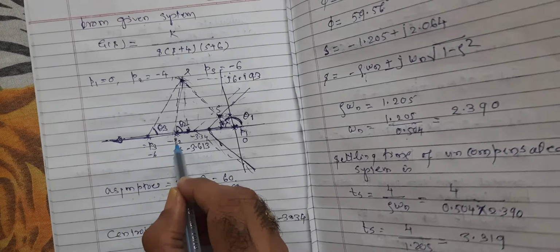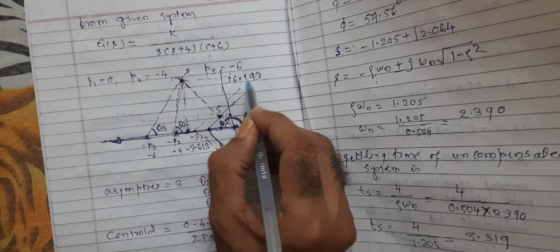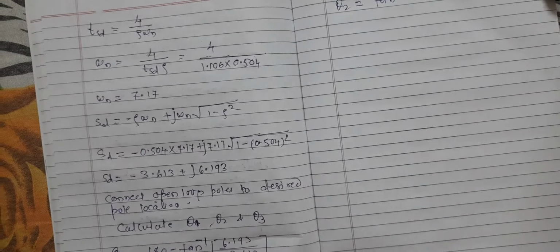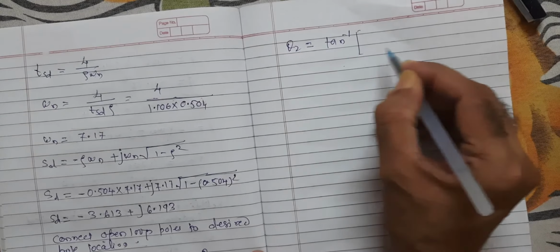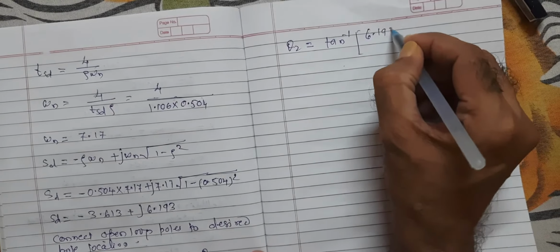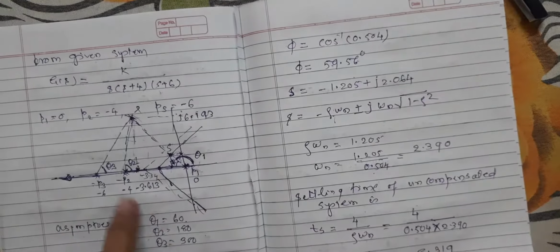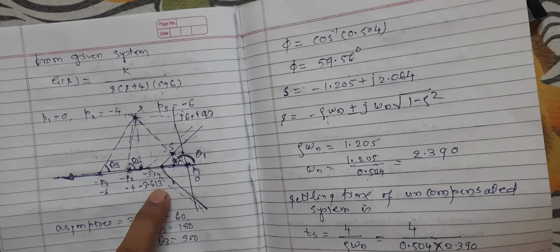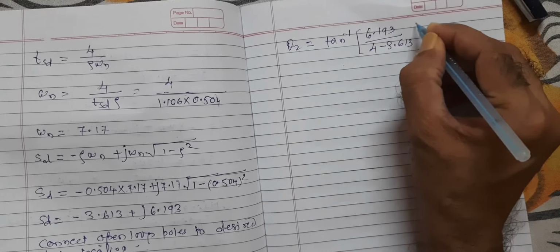Here the value is 4, here the value is 3.613, and here the value is 6.193. So here we can write theta 2 equals tan inverse in bracket 6.193 divided by 4 minus 3.613.